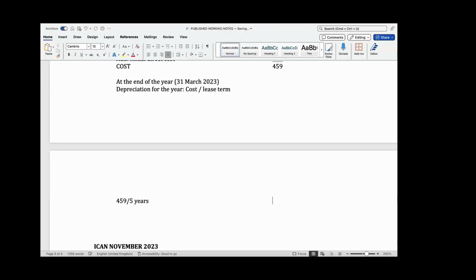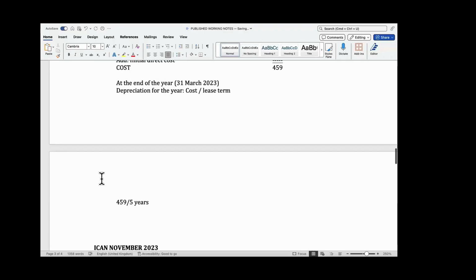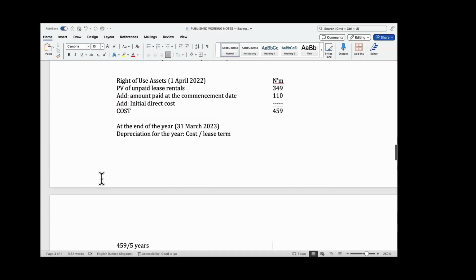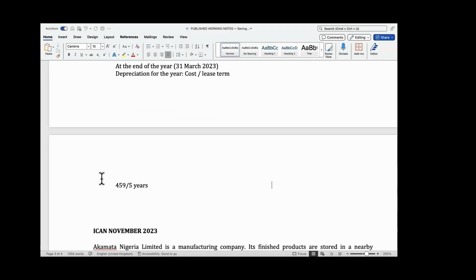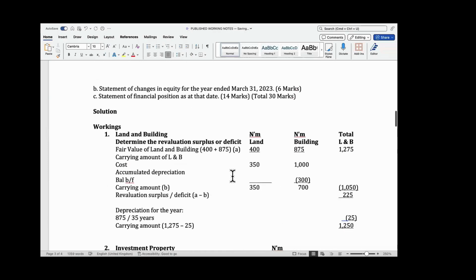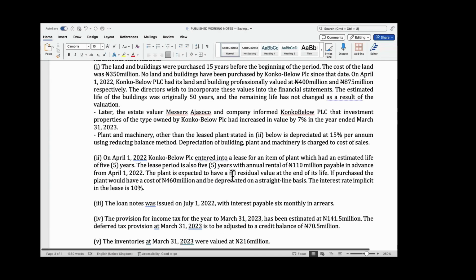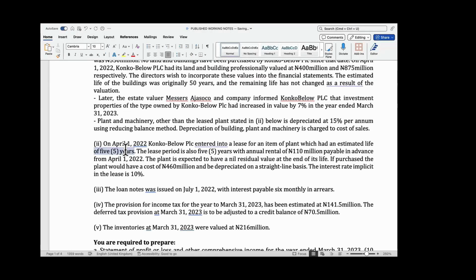If you punch your calculator, what would that come to? 91.8, approximately 92. And this is where I got the 5 years from. They told me that the lease term is 5 years. The useful life is 5 years, but actually, you need to use the lease term.